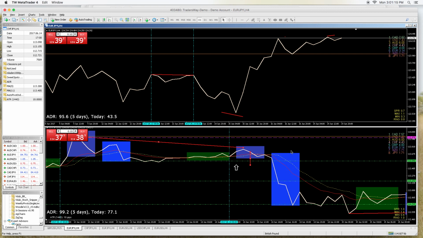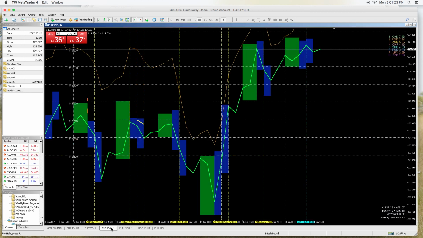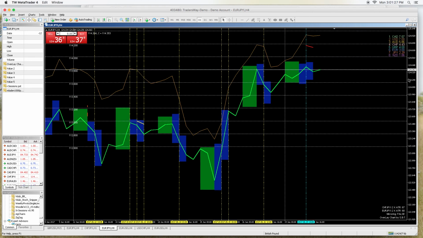These charts may look confusing, but that's because they're not set up properly. One's a 1-hour and one's a 4-hour right now. But going back to this chart, we may have to scrunch this down a little bit to get our lines in here. And in here we can see how they compare.